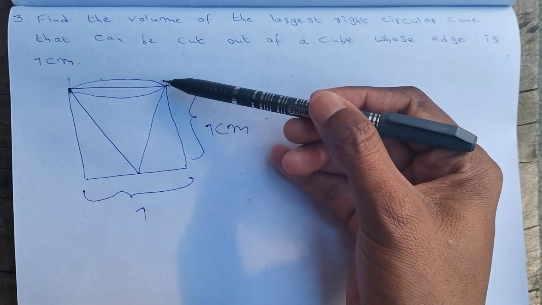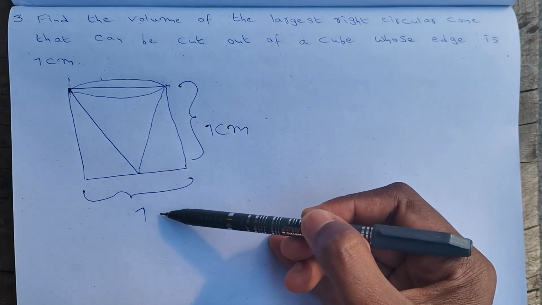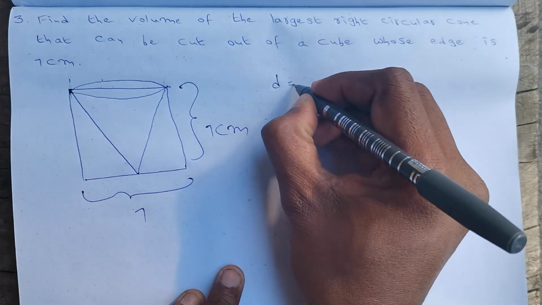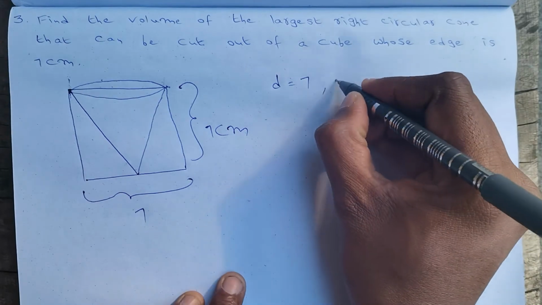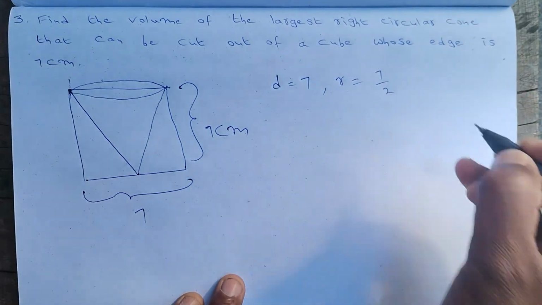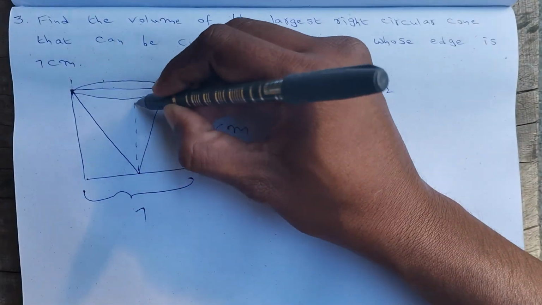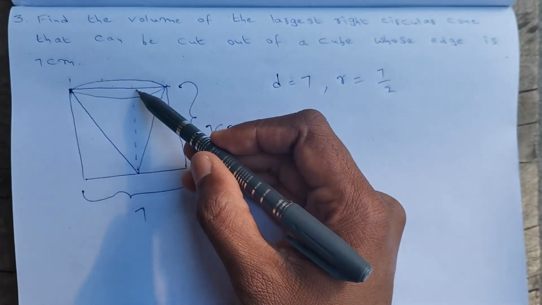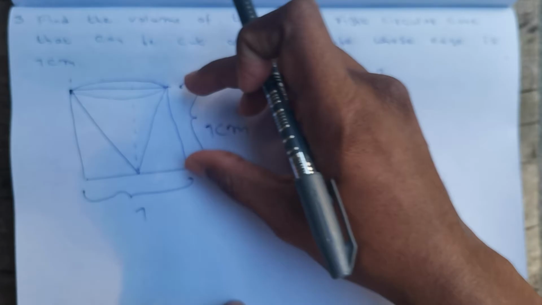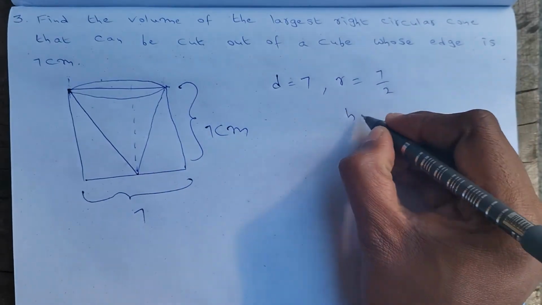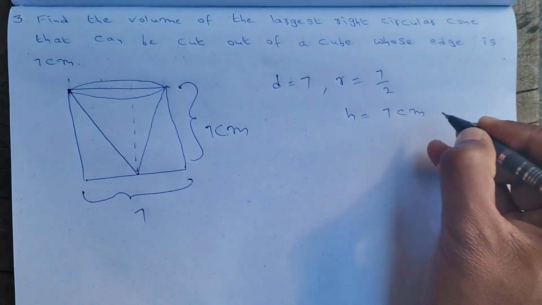The diameter of the cone is exactly equal to the side of the cube. So diameter is equal to 7. Then radius will be half of the 7. Next, this will become the height of the cone, that is nothing but exactly the side, so that is 7 centimeters. So height is 7 centimeters.